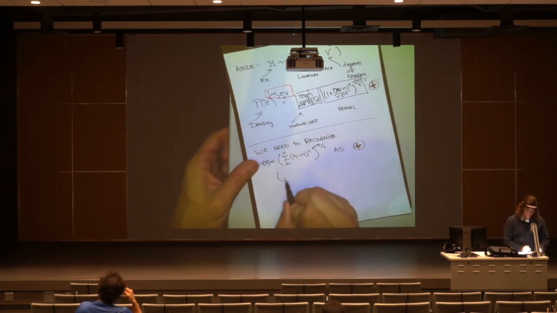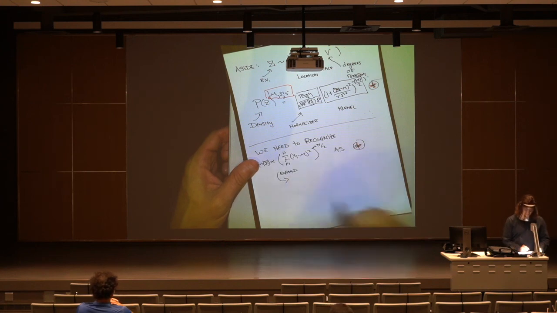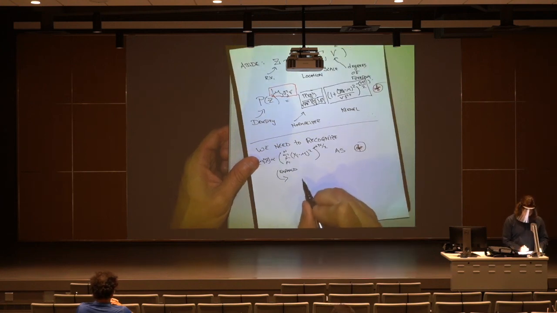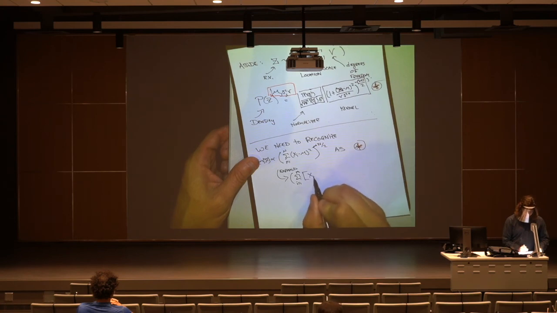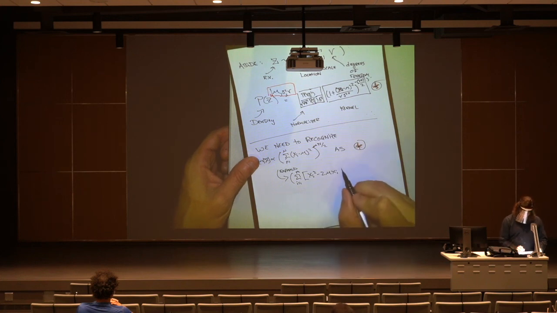So what we're going to do is just expand. No secrets right here. This is just going to be sum i goes from 1 to n, and I've got this square term right here. So these are the x_i squared minus 2 mu x_i plus mu squared.